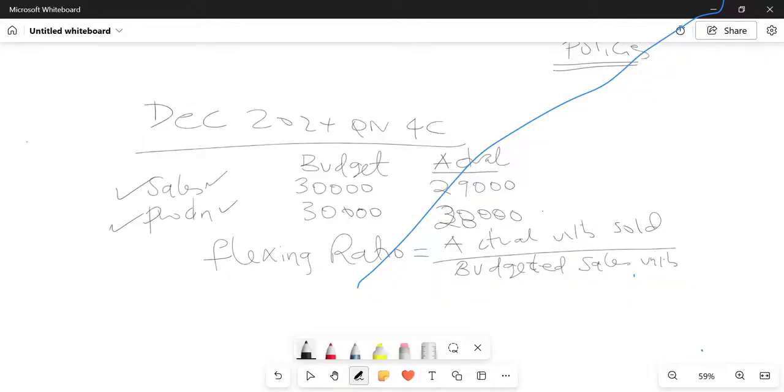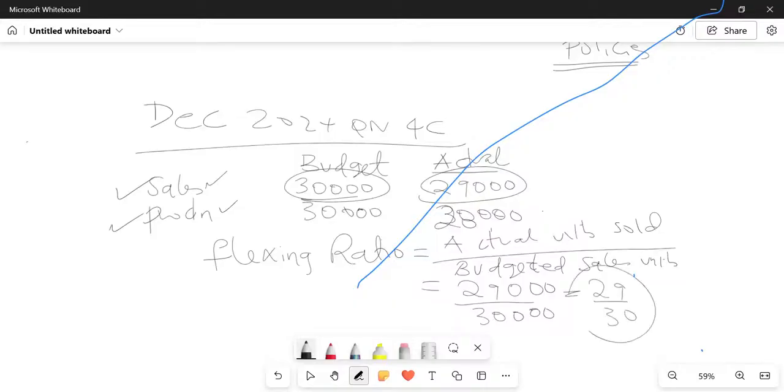So that will be 29,000 over 30,000. Don't confuse that. And if the answer you are getting is ugly, with decimals, don't use those decimals. Use 29 over 30 as a fraction.